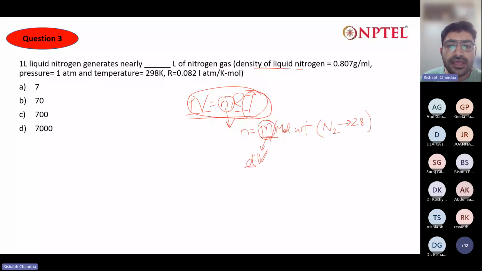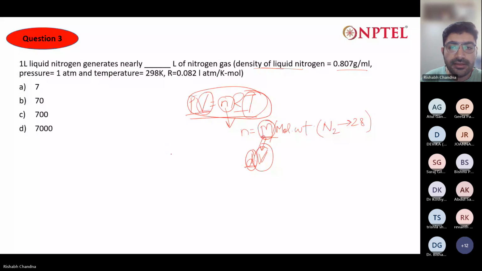Here we have the density of liquid nitrogen as 0.807 gram per ml, and the volume we have is 1 liter. We'll substitute these values here, and then we have to calculate the volume of gas that is evaporated from this amount of liquid nitrogen.